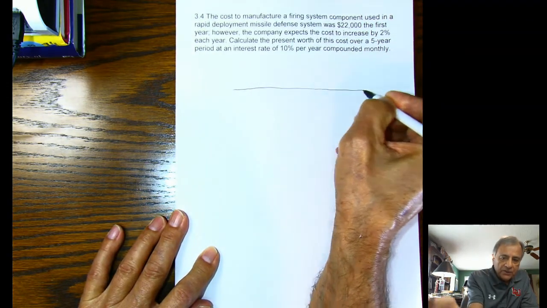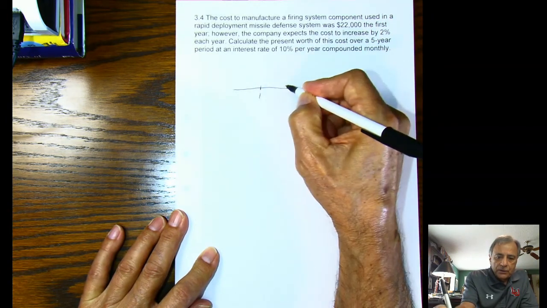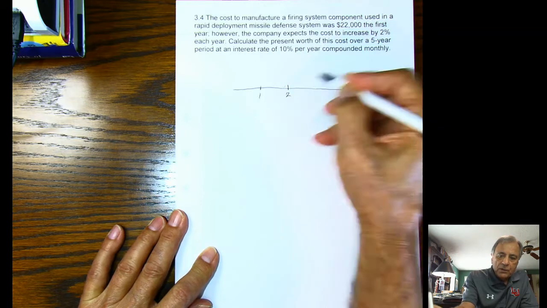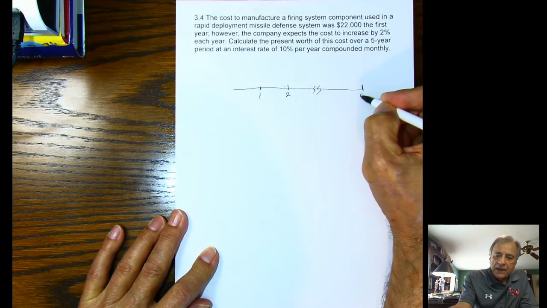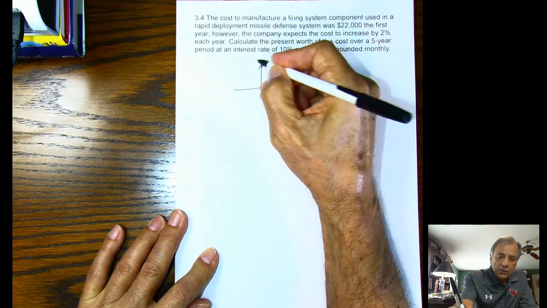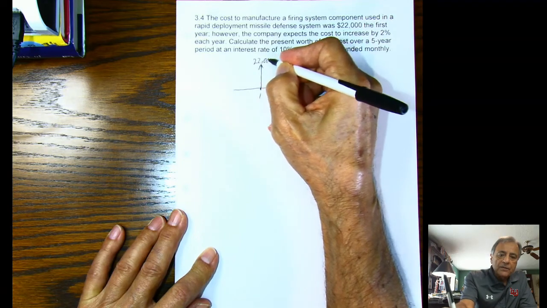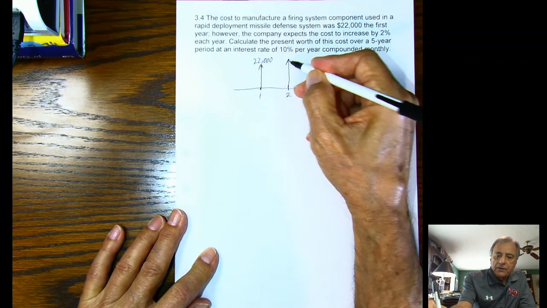and I'll put a scale here, which really would run from 1, 2, and so on up to 5. I'm not going to put the whole scale up to 5. We know the first cash flow is $22,000, and we know that after that it's going to go up by 2%.